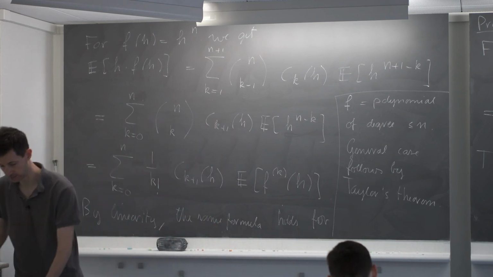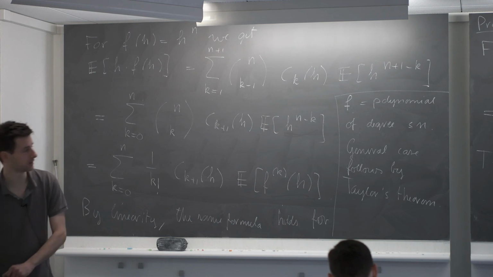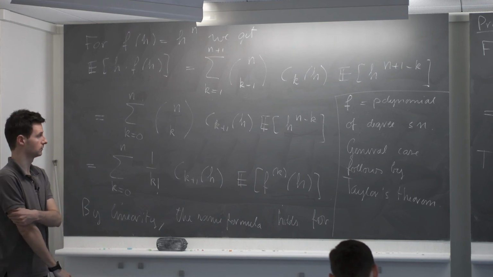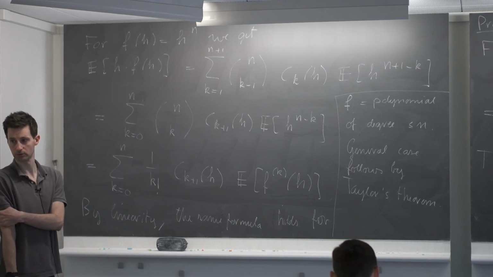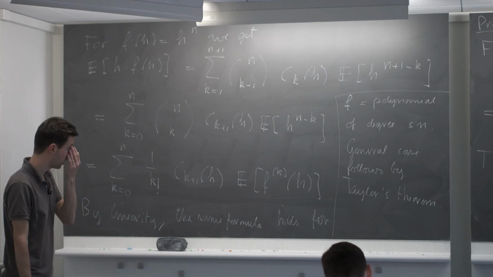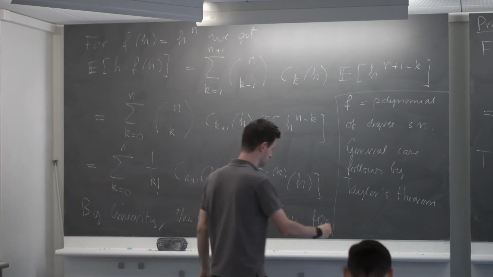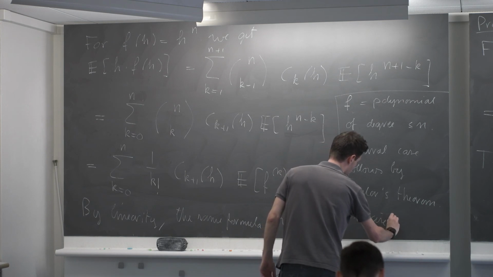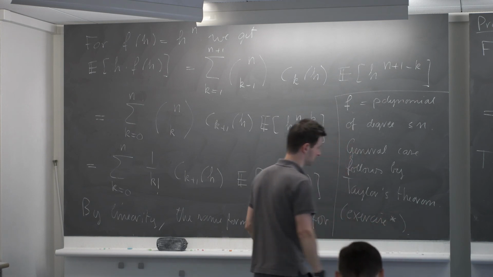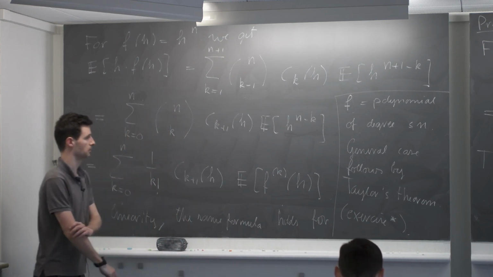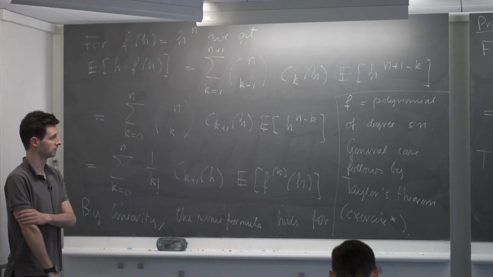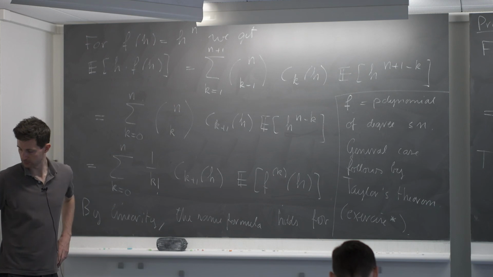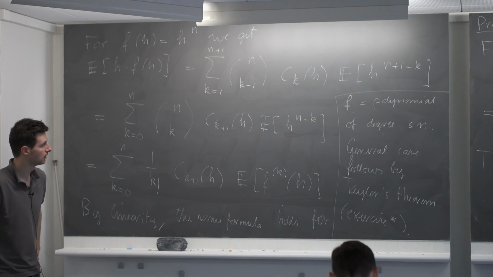So I will not do it because it's not particularly interesting to do it. I think it's extremely plausible that this can be done. If you want to, you can try to work it out. So I will leave this as an exercise. And I will put a little star on it. Once you know how to do it, it's not extremely long. It's maybe a page or so.